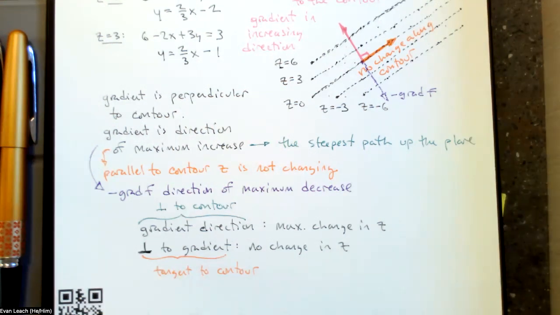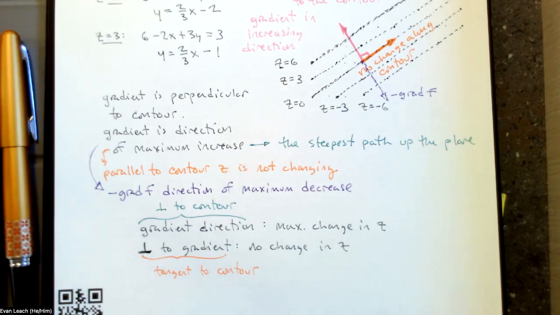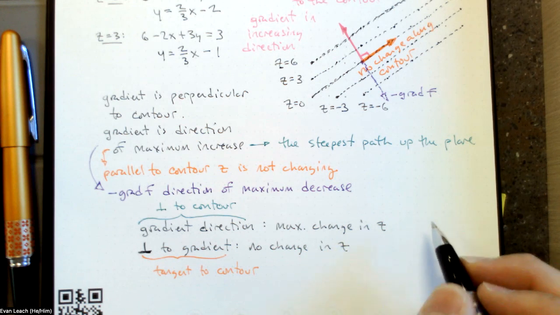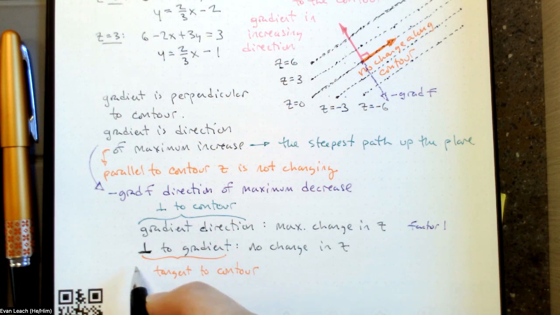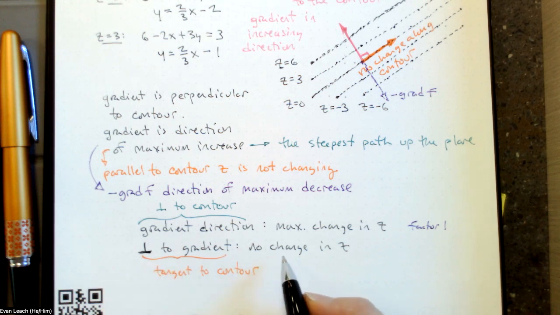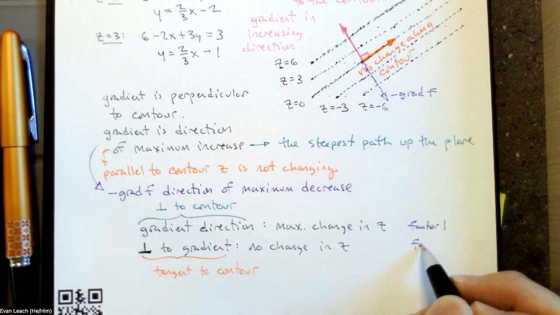In the gradient, we have the maximum change in z. Perpendicular to the gradient, we have zero change in z. So gradient direction, max change in z, our factor is 1. When we're perpendicular to the gradient, there's no change in z, our factor is 0.